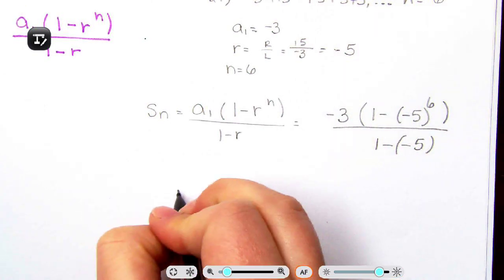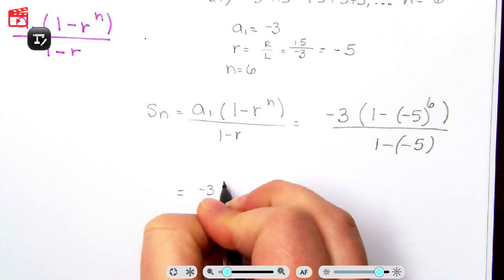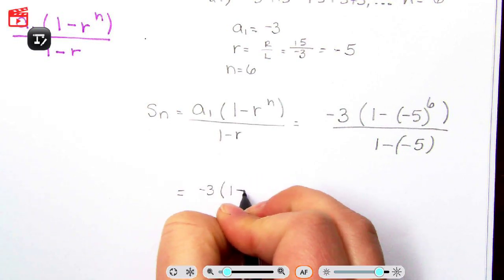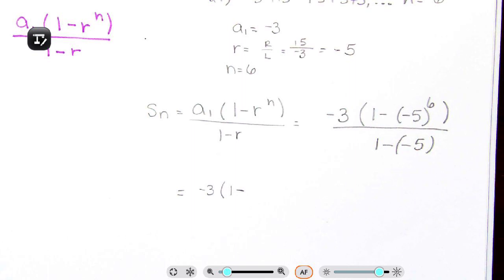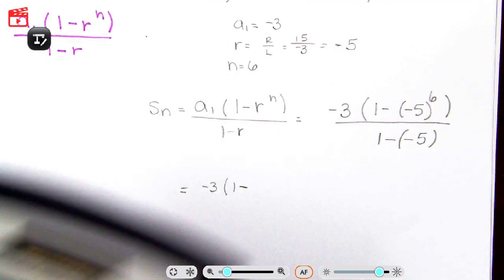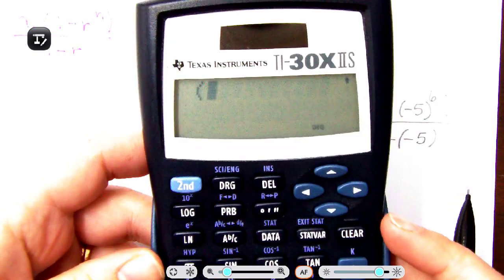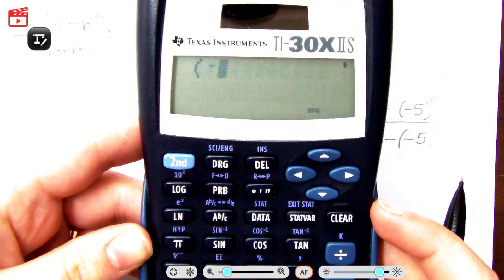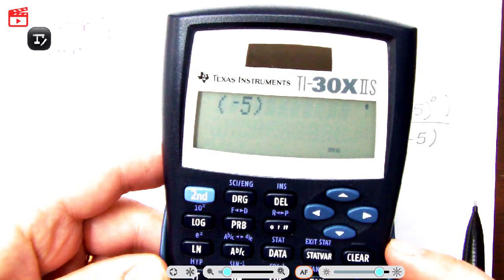Okay, so let's see. Negative 3 times 1 minus... I have no idea what negative 5 to the 6th power is, so my calculator is going to have to help me on that. And when you're typing it into your calculator, you have to type in negative 5 inside of parentheses.